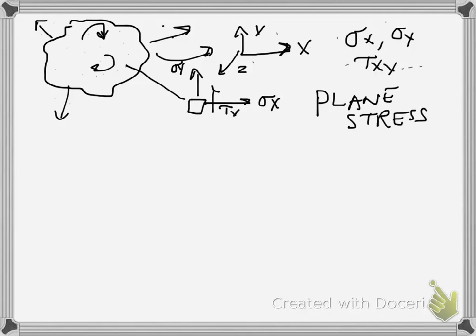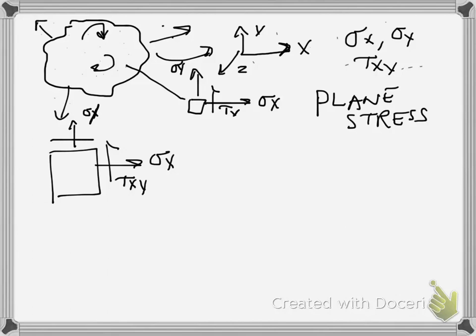And the way Mohr's circle works, if we blow up our stress component, let's say we have a tensile sigma x, we have a counterclockwise tau xy, we have a sigma y there, and we have a clockwise tau xy to keep everything in static equilibrium.